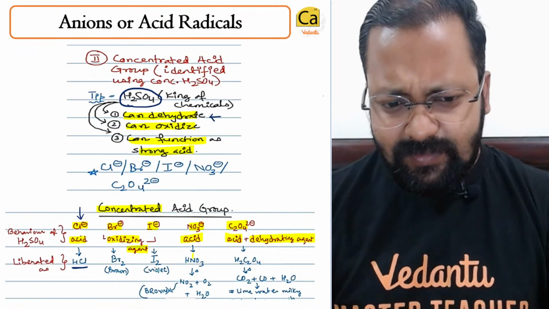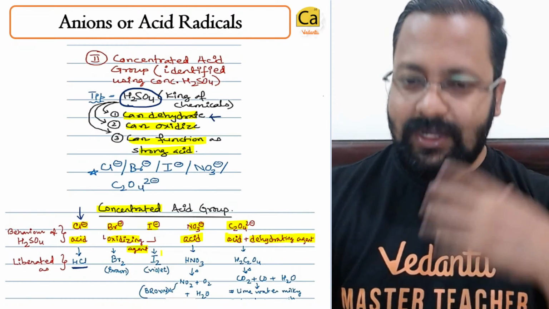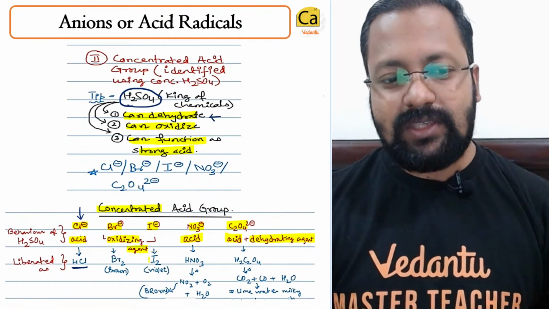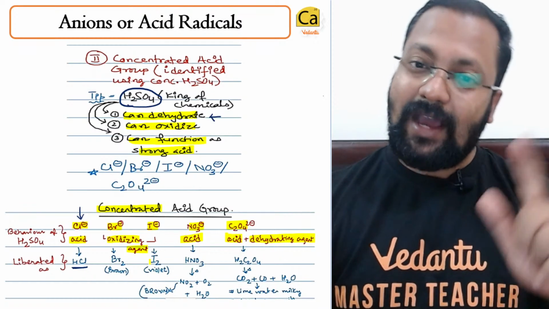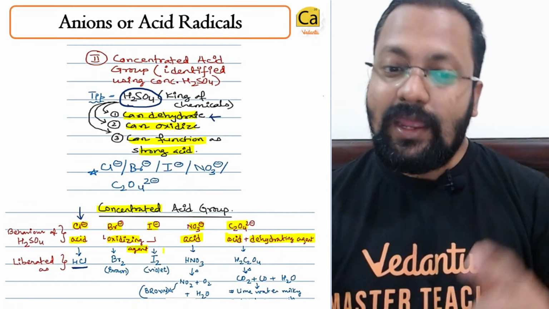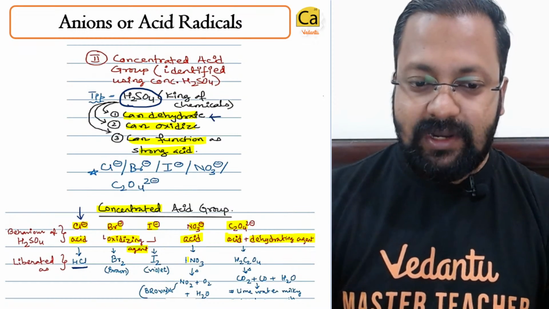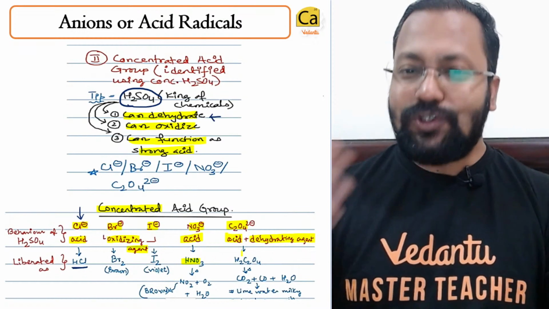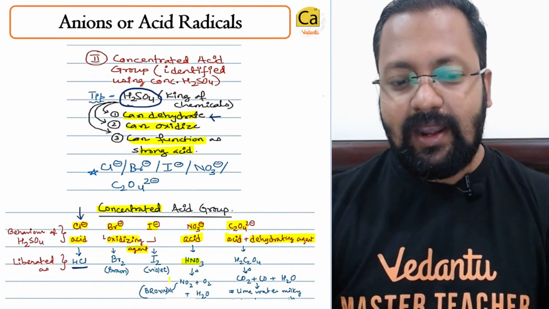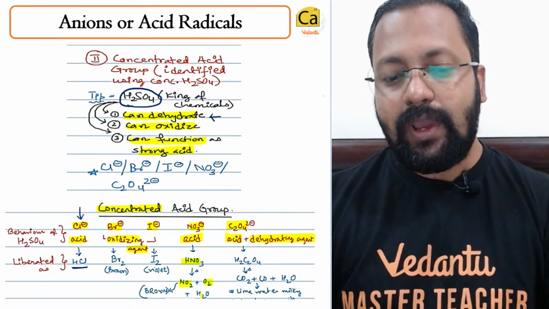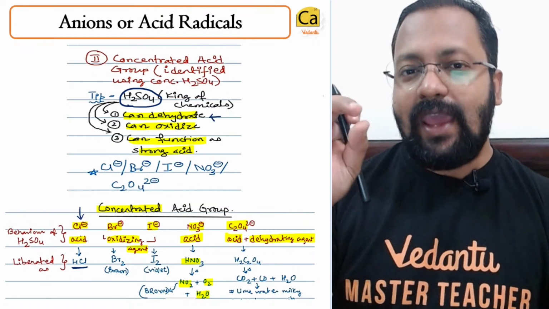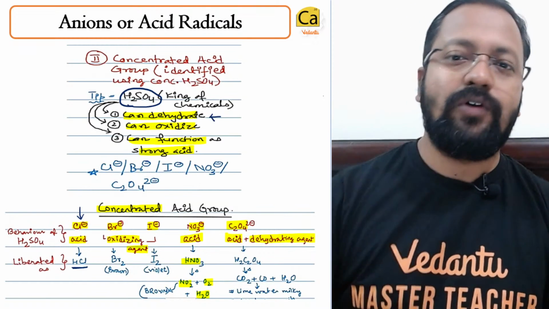ठीक है. Now you have to understand what is happening with each of them. So chloride, if it takes up H plus, turns into HCl. Bromide and iodide, if they undergo oxidation, will become bromine and iodine. Nitrate, if it takes up H plus, will become HNO3. And HNO3, जब आप heat करते हो, when you heat HNO3, you will get NO2, O2 and H2O. NO2 gas appears as a reddish brown vapor.